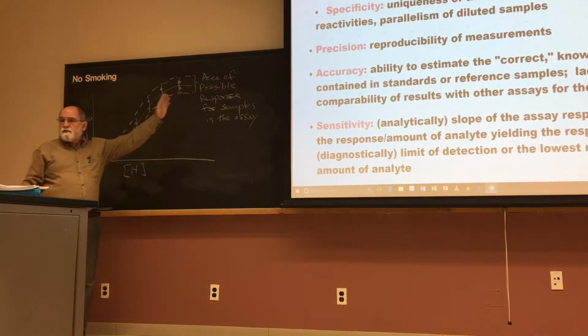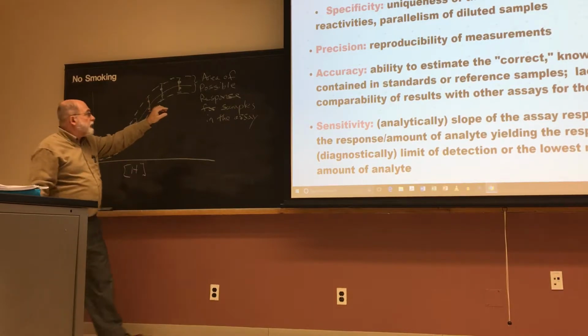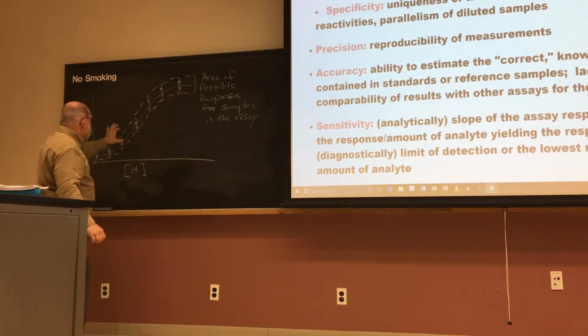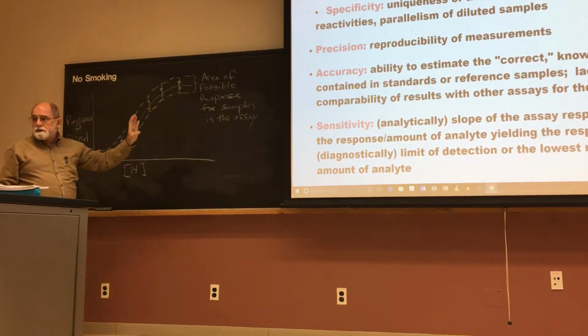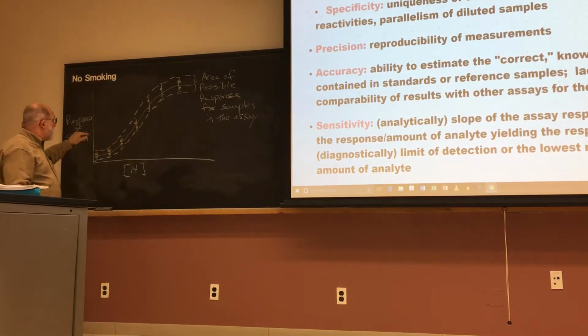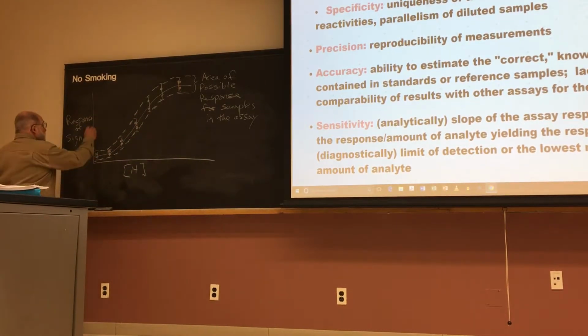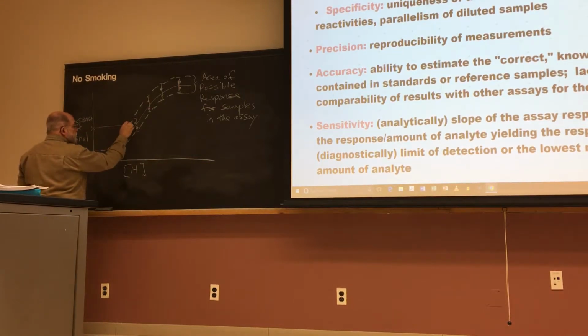It's not just one line. It's actually an area between these probability curves, this envelope. So if you get an unknown out here, and you extrapolate it to the standard curve, it may be anywhere between there and there.